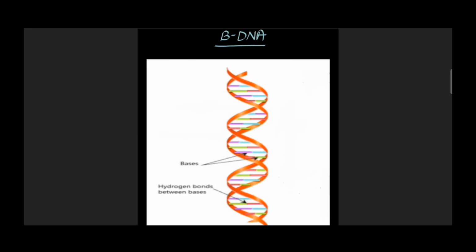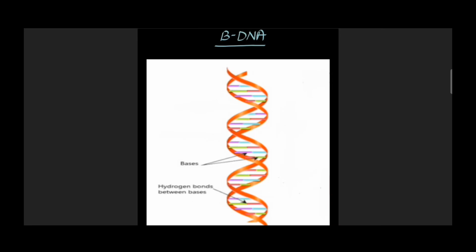Whenever we talk about clockwise direction, we know that this is the clockwise direction, and when we talk about anti-clockwise, we go this way, right? So as you can see, the DNA is going in this anti-clockwise direction.